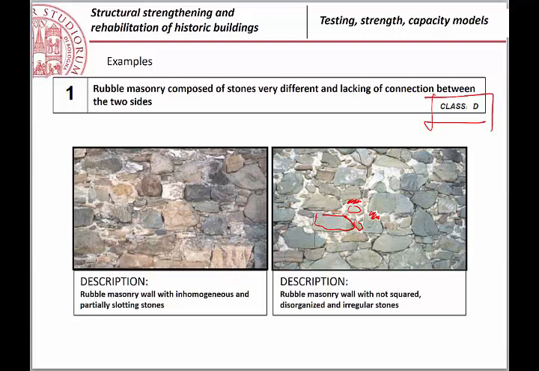Of course, the mortar is much more deformable than the blocks. So when you put some loadings here, the loading is trying to follow the path following the stiffest elements.